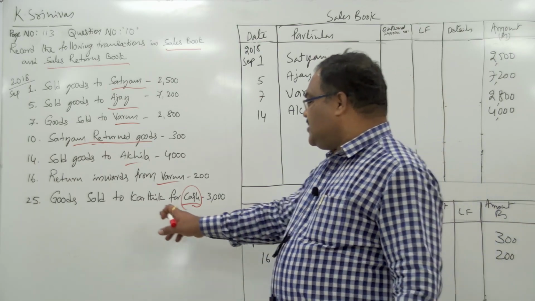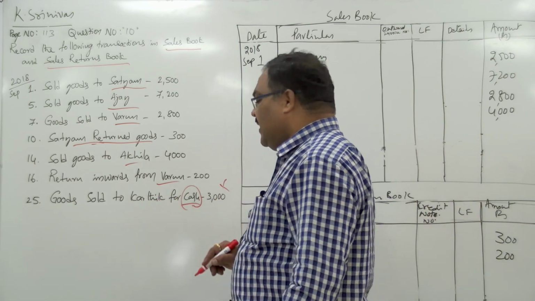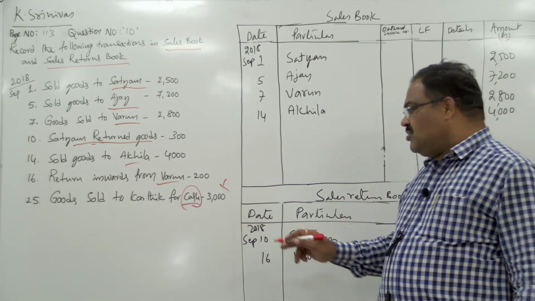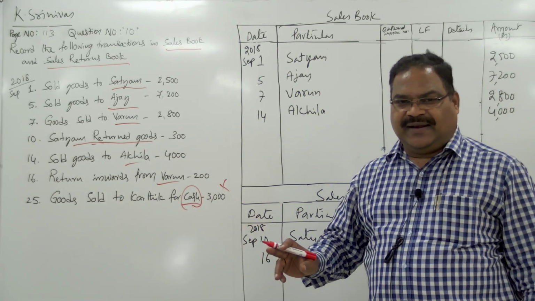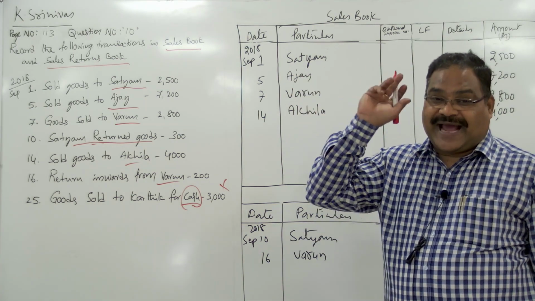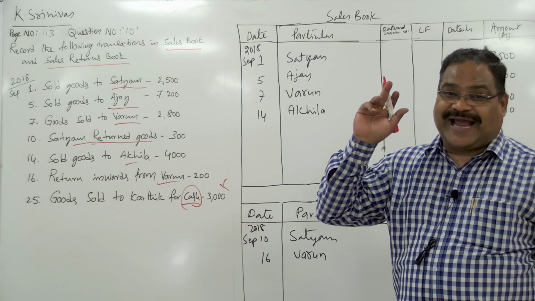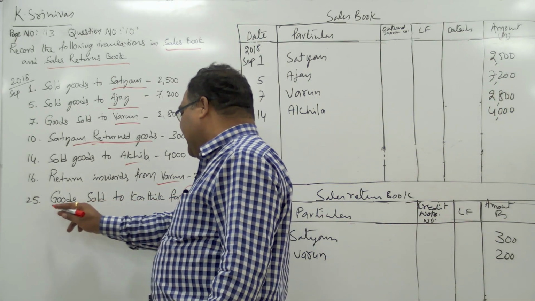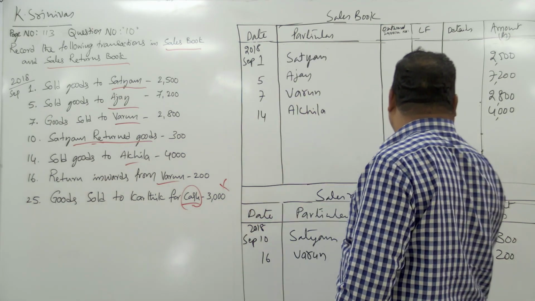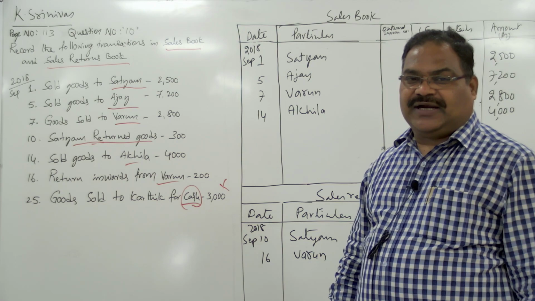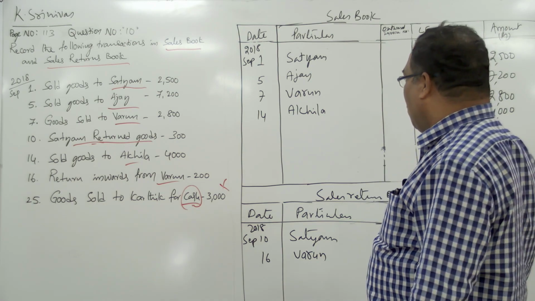So this transaction should be eliminated from this. No doubt this transaction should be taken, that is, in the cash book. The cash book deals with all cash transactions. So anyway, we are neglecting it now. We have taken all the transactions. Now we have to take the totals of all these.